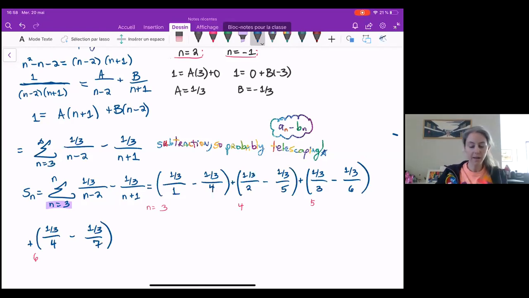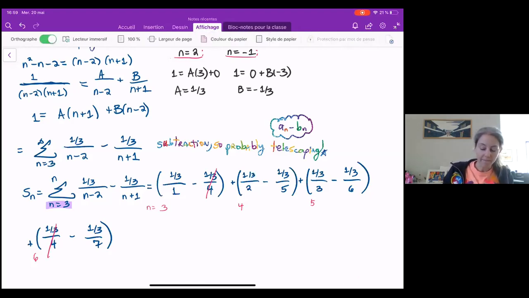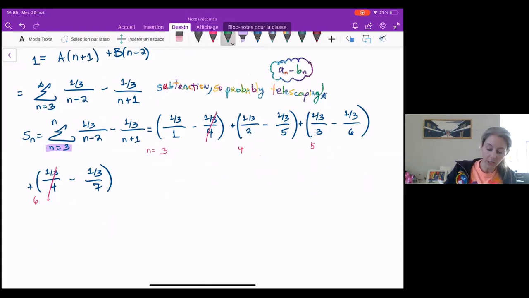Now can I cancel something out? Yes, now the negative 1/3 over 4, oops, that's not how I wanted to cancel that out. That negative 1/3 over 4 cancels out with the positive 1/3 over 4. And I found my pattern of cancellation. My pattern here, actually I'm going to write it a little lower.